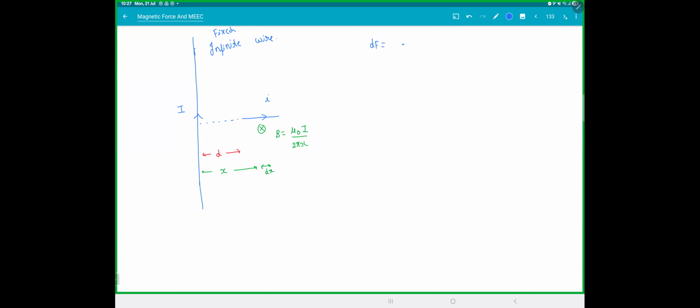So the small force will be I dx B, which is mu naught I by 2 pi dx by x. Therefore, the force will be mu naught I by 2 pi, ln x with limits going from L plus d by d.